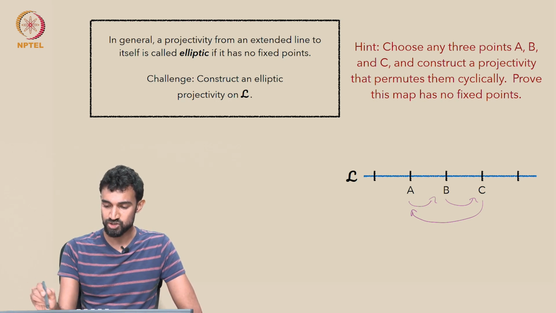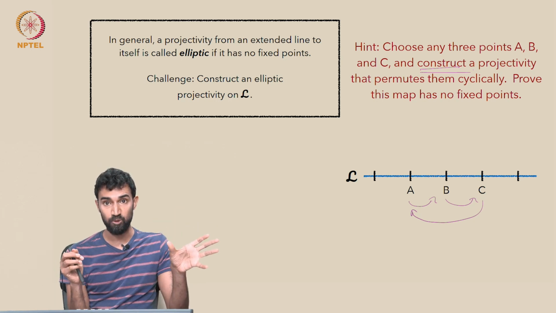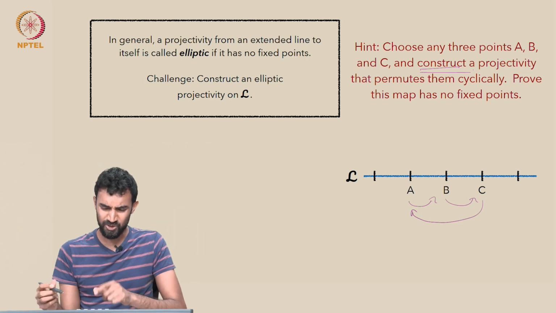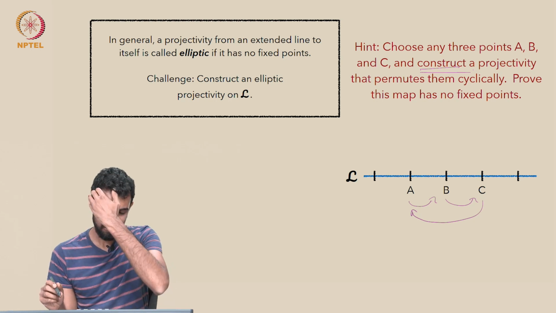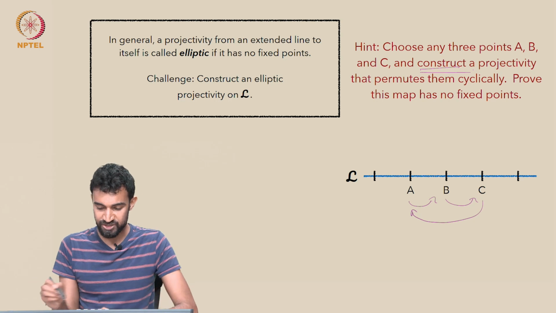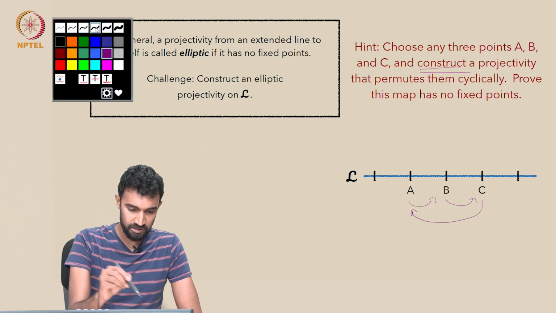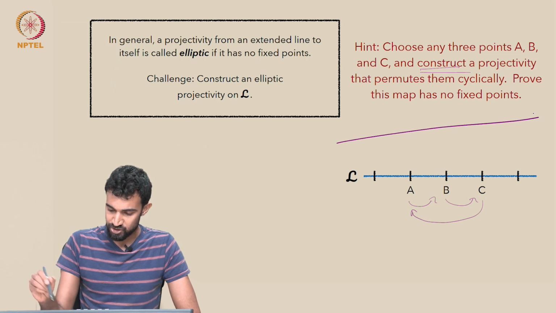And how do you do that construction? Well, we saw that you can always construct a projectivity that takes any 3 points to any other 3 points. Here we only have one line, though. So it might be helpful to first project these 3 points onto another line.